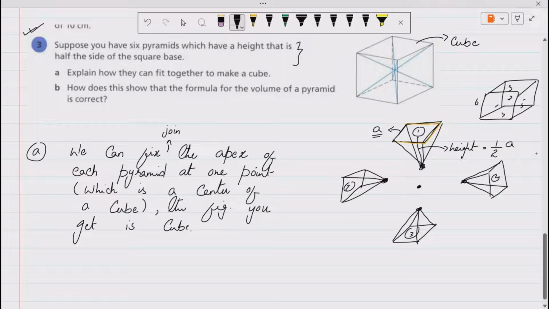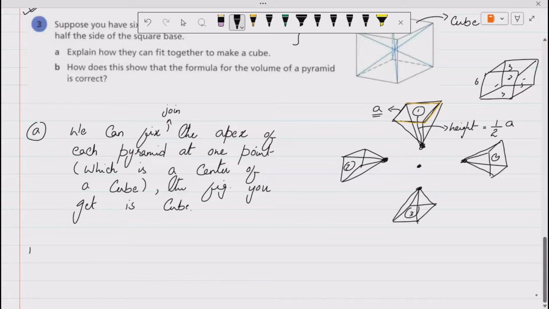In part B, they are asking how this shows that the formula for the volume of a pyramid is correct. In this scenario, you have six pyramids, you join them together, and you have a cube. This scenario gives you the formula of a pyramid which we learned.